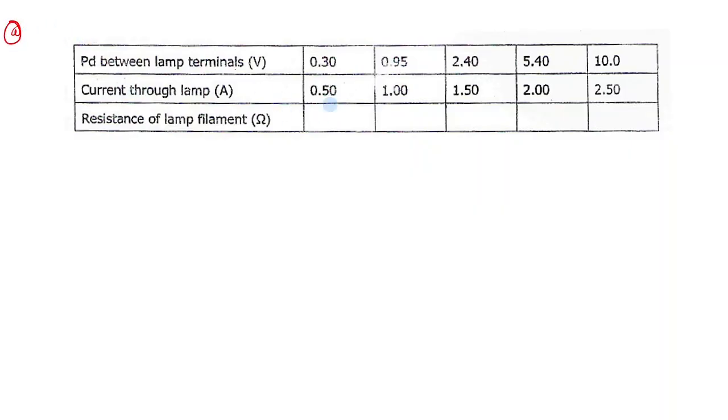And when they say complete, what I'm going to do is to see that this is the voltage, and this is the current.